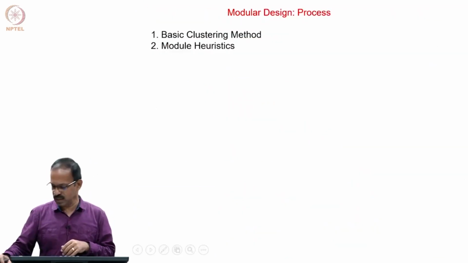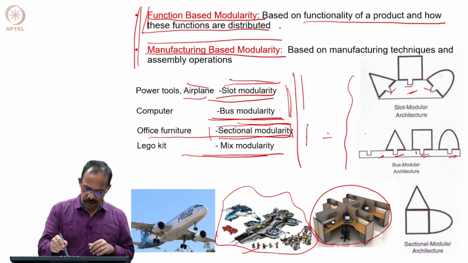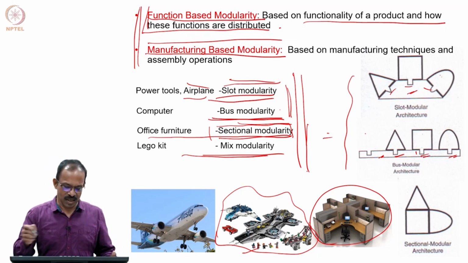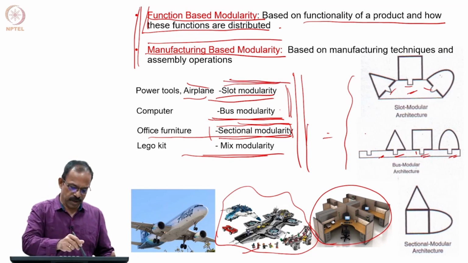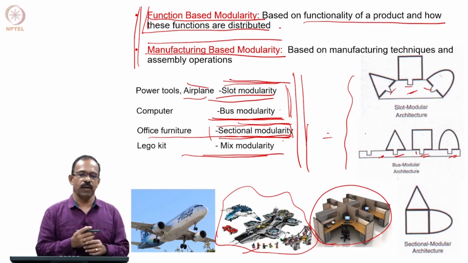That kind of thing is known as the mixed modularity. So, in any individual product architecture you can see this kind of modular structure: either a slot modularity, a bus modularity, a sectional modularity, or a mixed modularity.